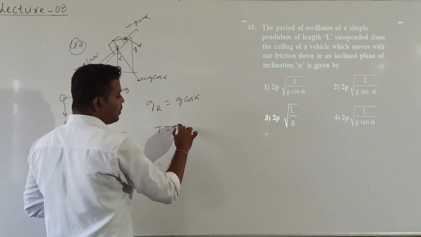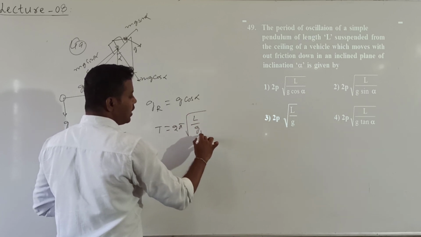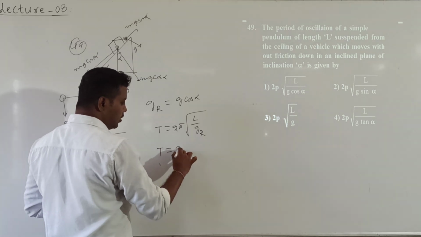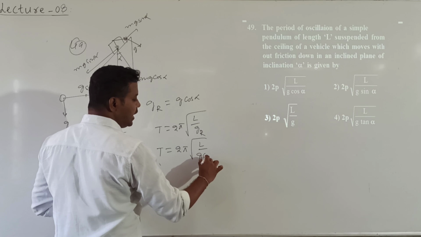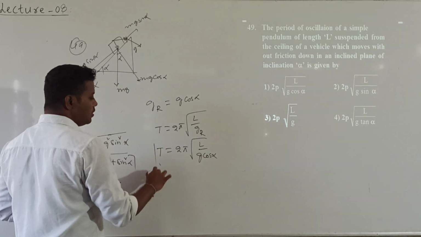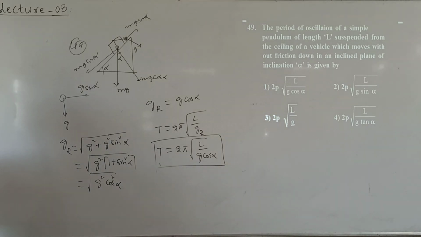That is the time period formula: 2 pi into root over L divided by g resultant. The T value is equal to 2 pi into root over L divided by g into cos alpha. So this is the expression for the time period. Whenever a body is sliding down the inclined plane, its time period will be given by this.